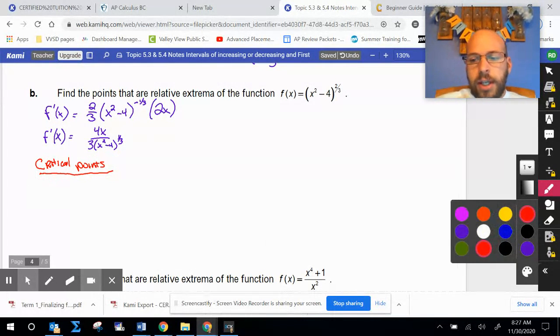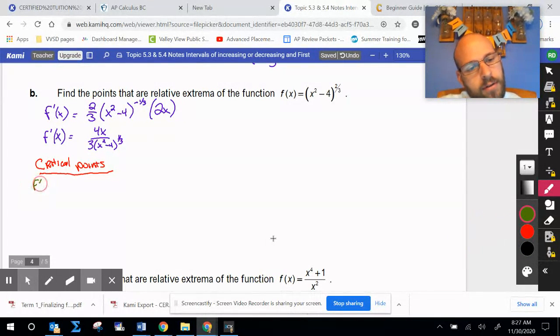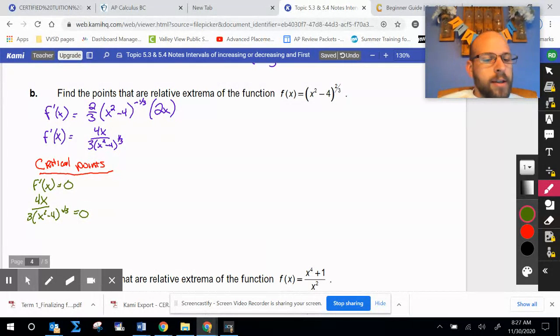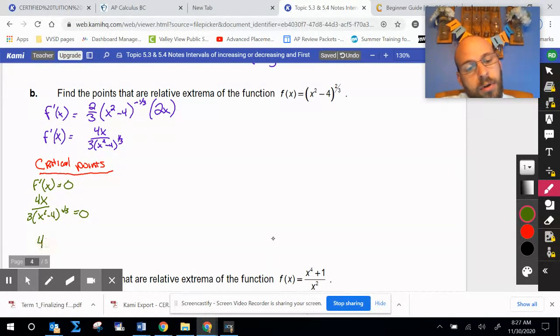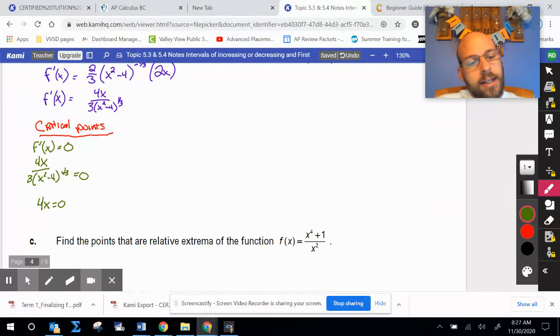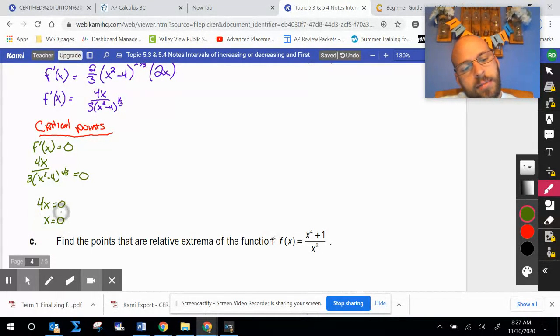The first category is where f prime of x is 0, which means I want to know where 4x all over 3 times x squared minus 4 to the 1/3 is going to be 0. Now, if you have a fraction equal to 0, ultimately that just means the numerator has to be 0. So the 4x has to be 0, so x has to be 0. That is one of my critical points.